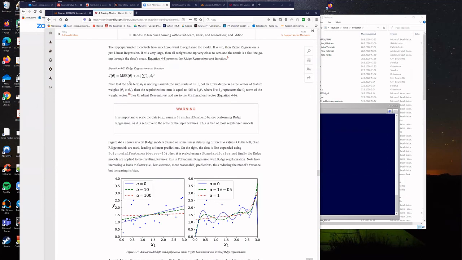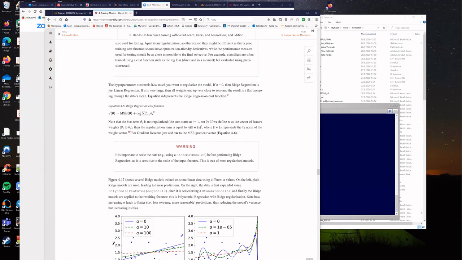So in this case, this is the mean square error, and it gets added this kind of formula where this constant alpha describes how the regularization of the model works.